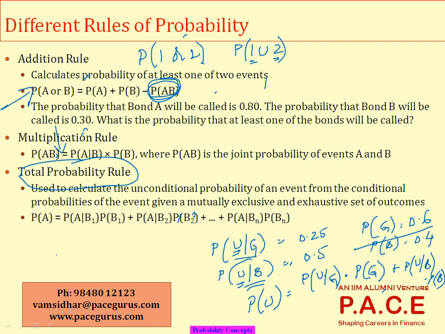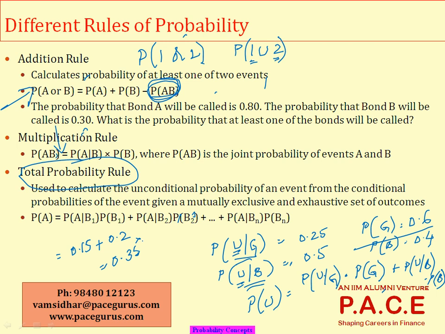Now if I do that multiplication, U given G is 0.25 into G is 0.6, which will take it to 0.15, plus U given B is 0.5, P of B is 0.4, so multiplication will take it to 0.2. Overall, I'll say that there is a 35% chance of unemployment. The probability of unemployment in any given year is 35%.